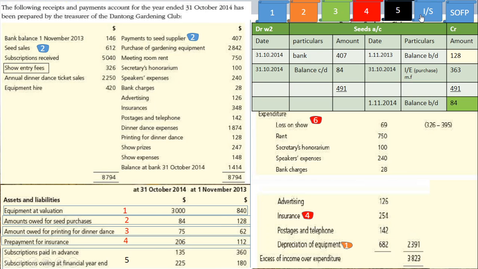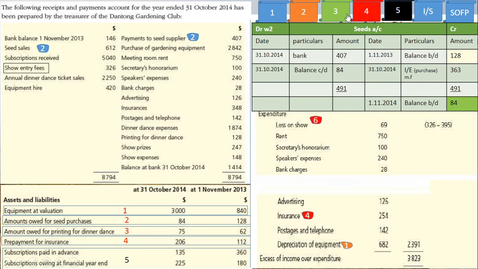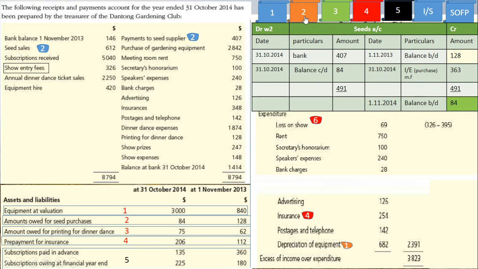So if you look at the income statement, you can observe it. 612 is your receipt, 363 is your expenses, the purchase we have deducted. 363 was obtained from the ledger, this ledger, this way.